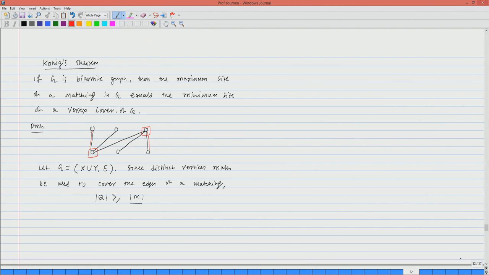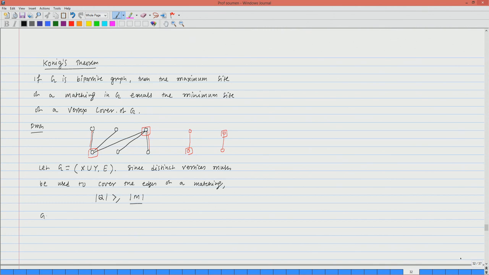So, the matching here is this one and this one. To cover this matching you need 2 vertices, and to cover the remaining edges you need more vertices. That is why the cardinality of the minimum vertex cover is at least the cardinality of the matching.